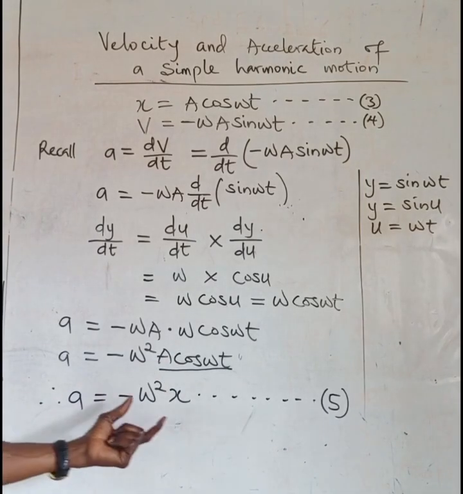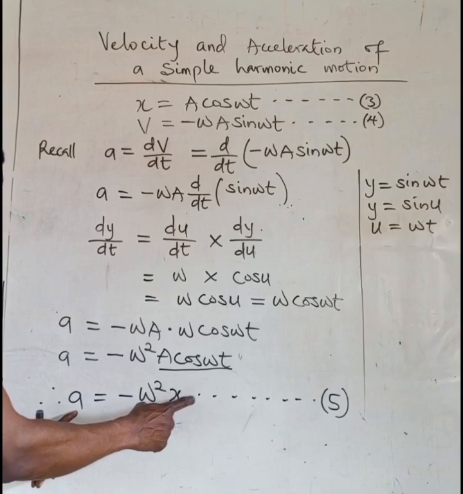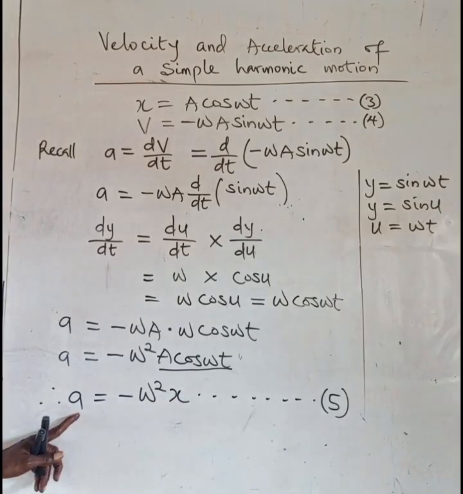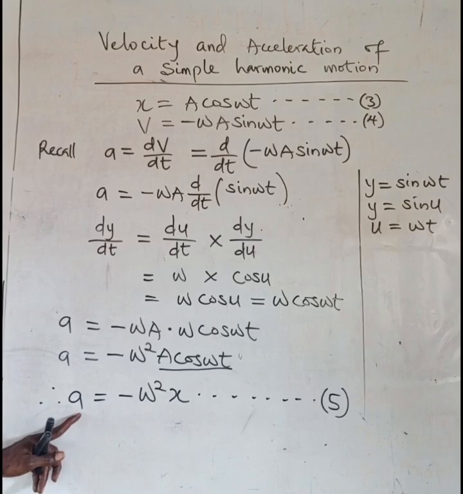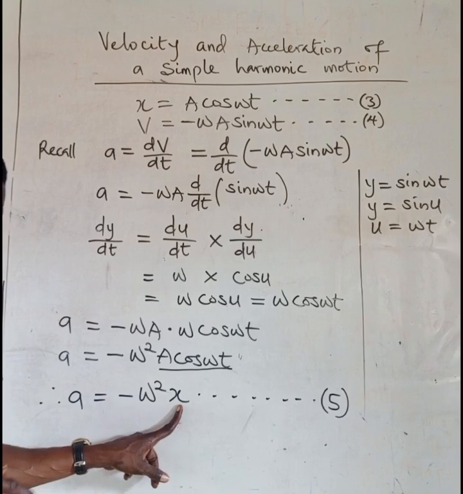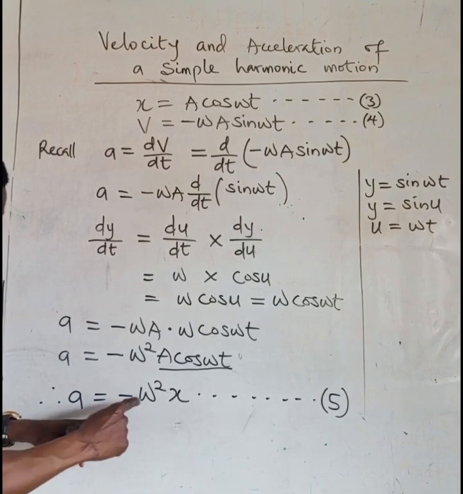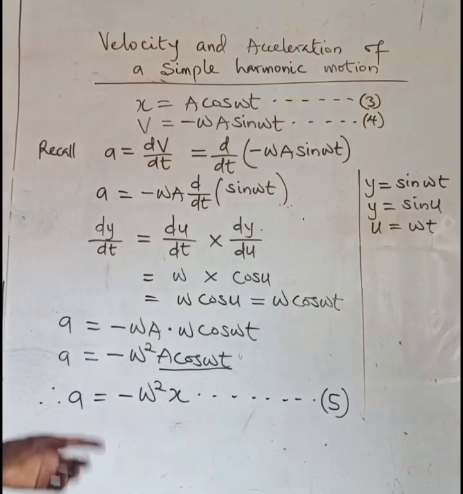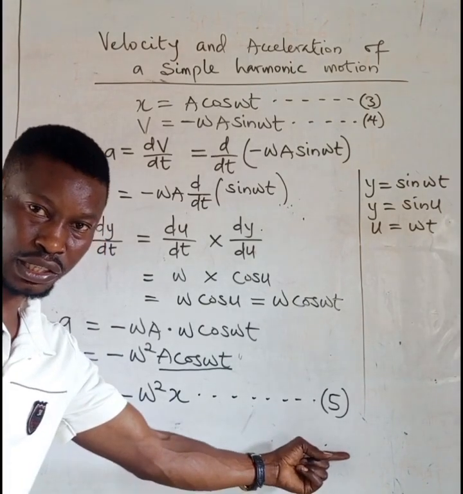If you look at this formula, you will see that acceleration a depends on x. Like we defined simple harmonic motion, we said it is the to and fro motion of an object which repeats itself after a given time, whose acceleration is directly proportional to the displacement. We can also see that there is a negative sign here. This negative sign shows that the direction of the acceleration is opposite to the direction of the displacement.